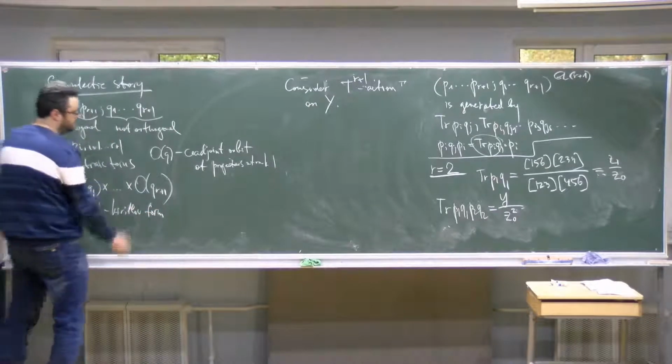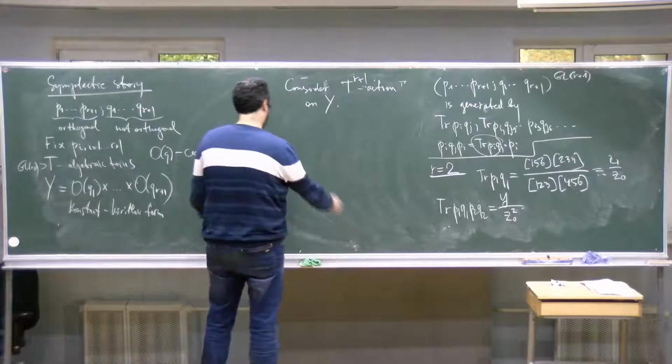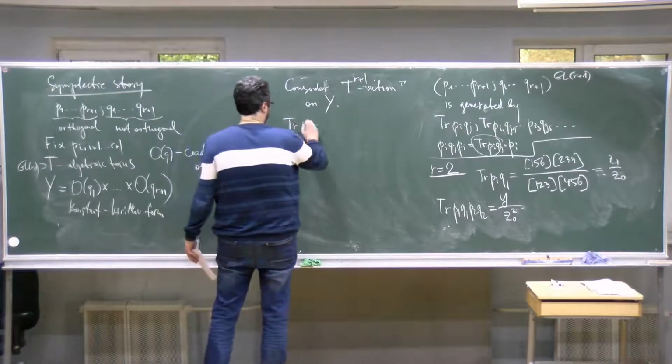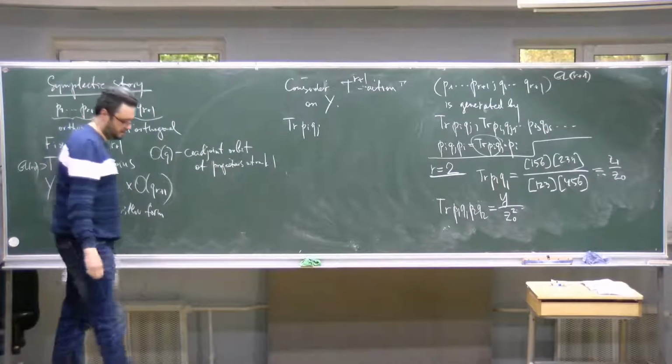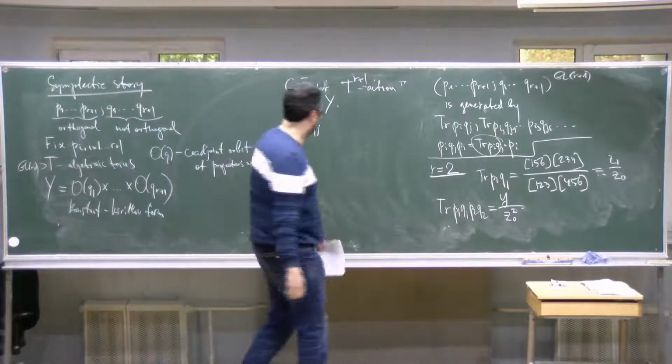This variety is symplectic, and in this case, this function defines an integrable system on Y.